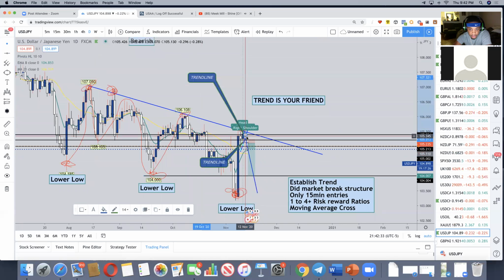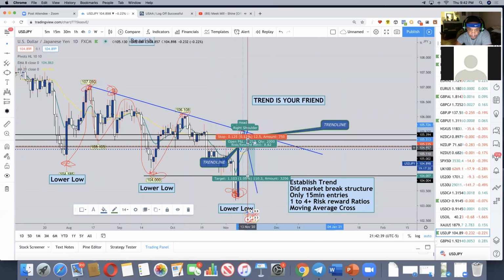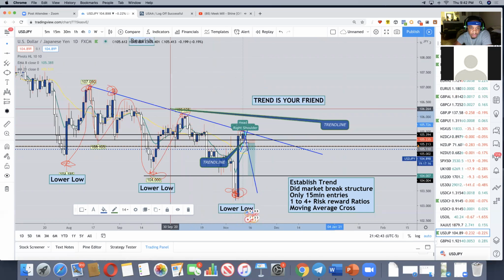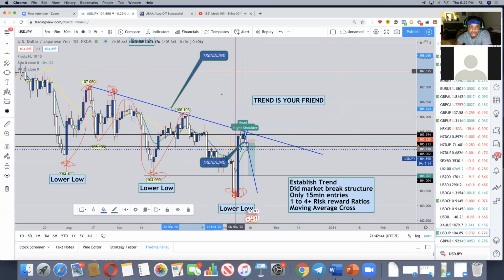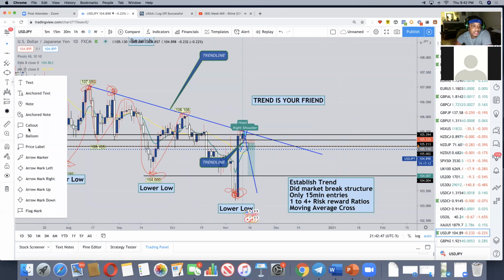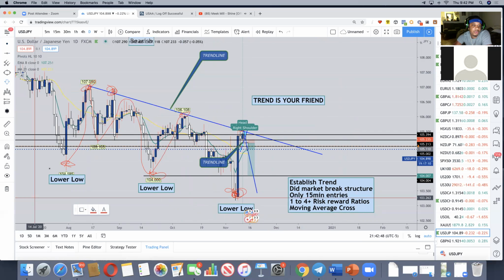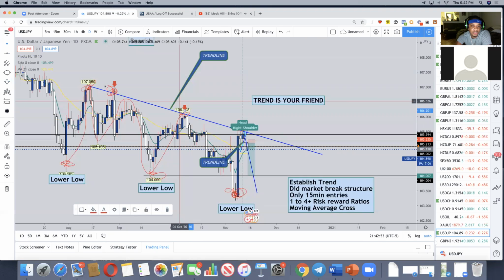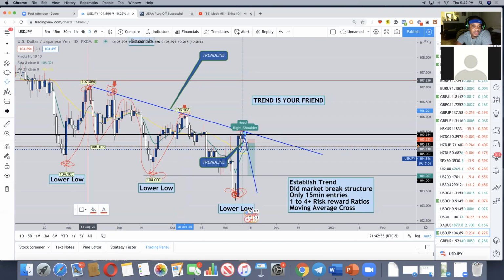Let me make sure I didn't grab the wrong thing. All right, there we go. That's a trend line, and it's helping us find the direction of the market and what price is doing.